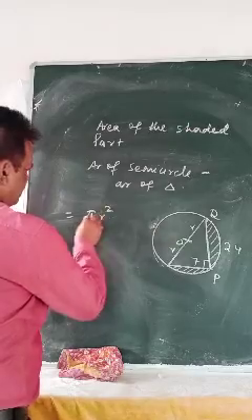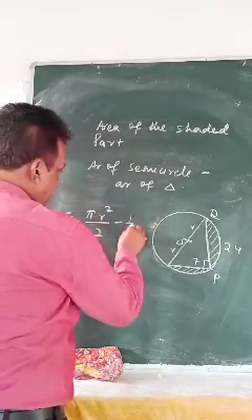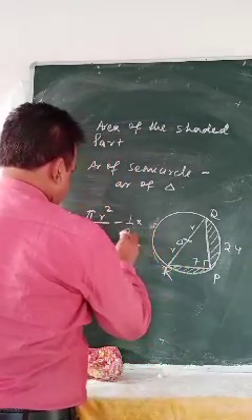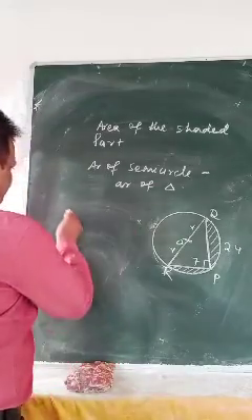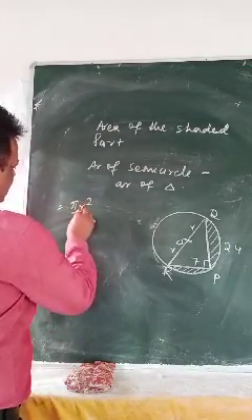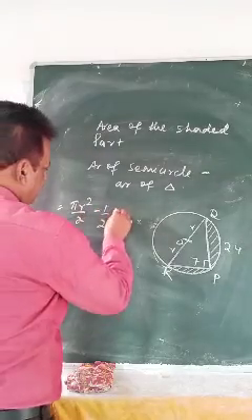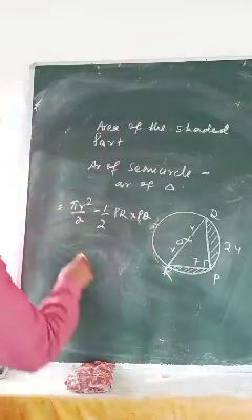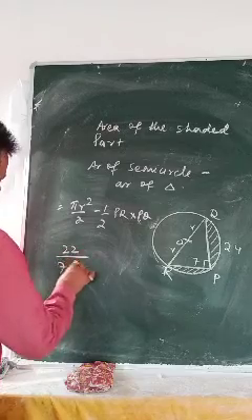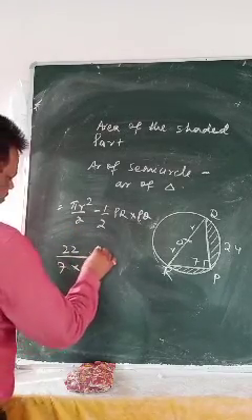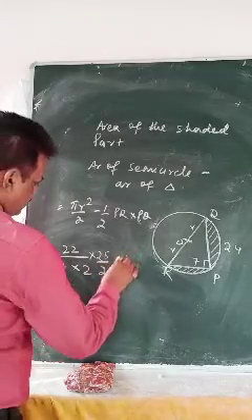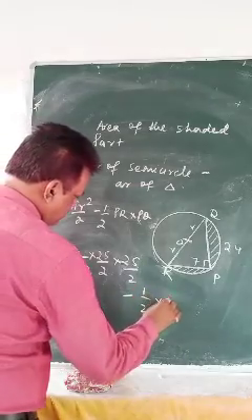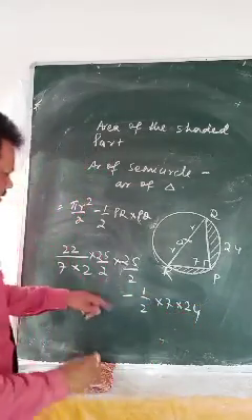Area of the triangle is half into base PR into PQ, since the angle is 90 degrees. So pi r square by 2 minus half PR into PQ: 22 by 7, this 2 is here, R is 25 by 2 into 25 by 2, minus half into 7 into 24. Calculation you will do, try to complete.